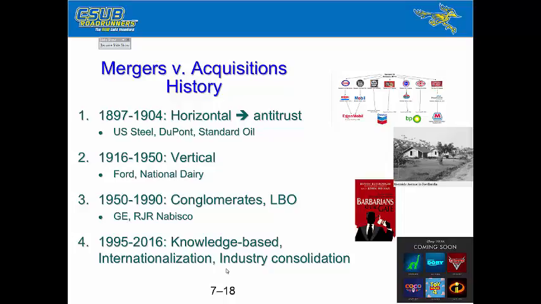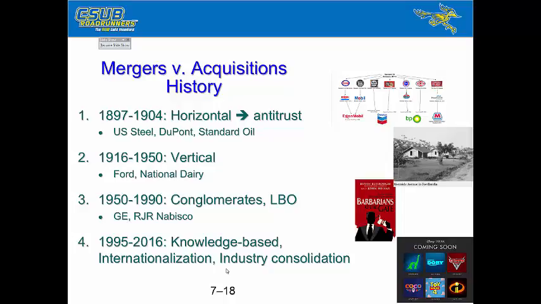Then the first half of the 20th century was all about vertical integration, with companies like Ford or GM acquiring the parts manufacturers and so forth. The second half of the 20th century was a lot about unrelated diversification, with companies like General Electric, that I talked about, purchasing any business they possibly could to own as many different types of businesses as possible.